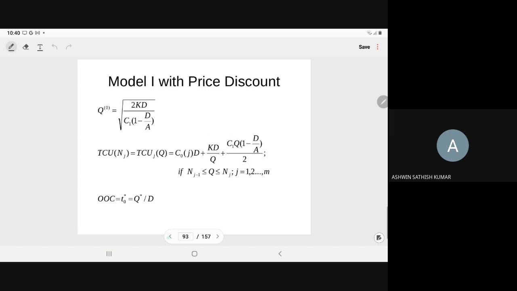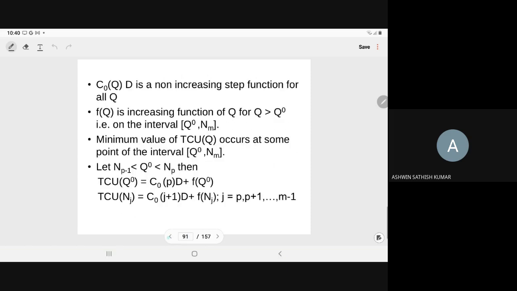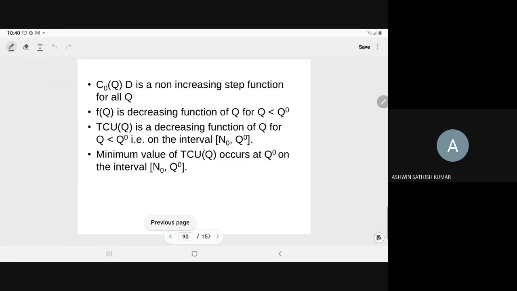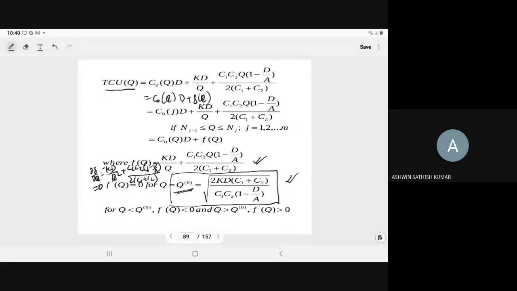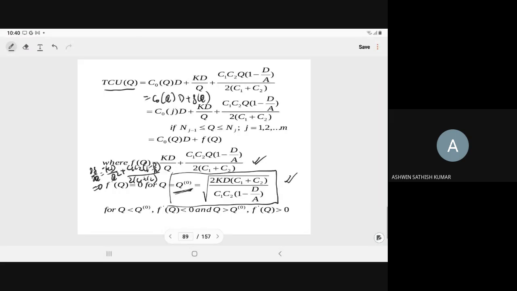You can see this Q naught. What is this Q naught? It is exactly the same as the Q star in the model third, but it is not a Q star due to the price discount. The expression is exactly the same.